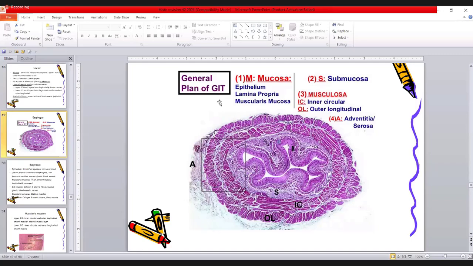Now, this foamy appearance is given by what substance inside this cell? The mucous cells have this cloudy or foamy appearance due to the accumulation of mucus. Mucus is very thick and frothy, that's why it gives this cloudy appearance.